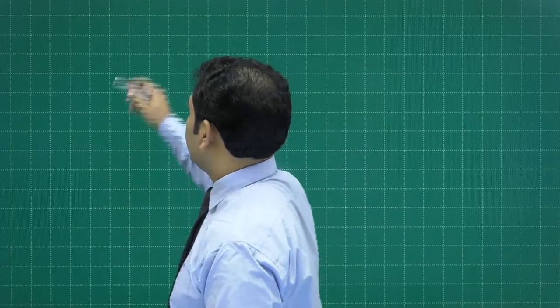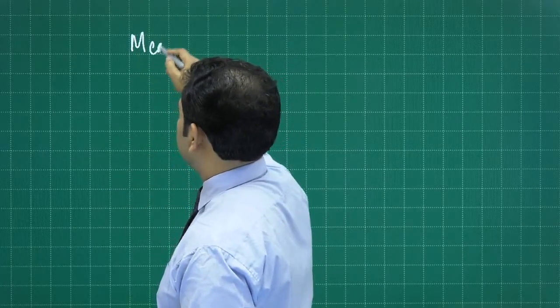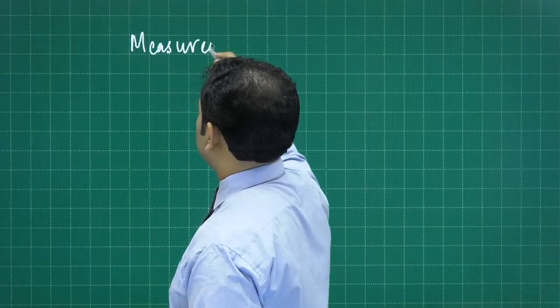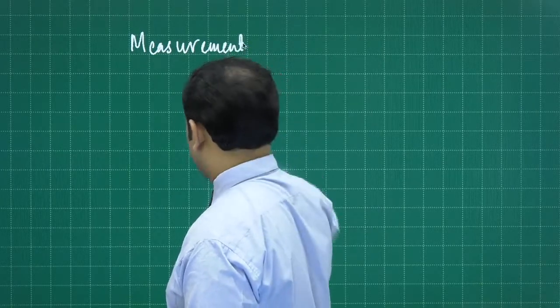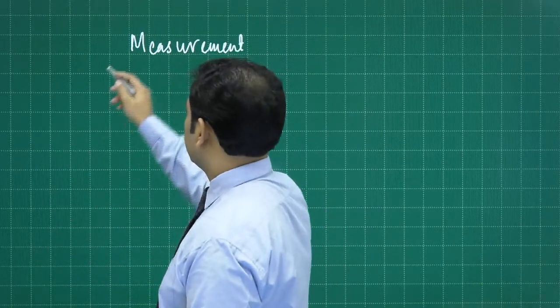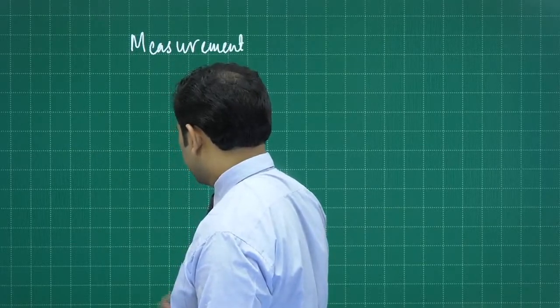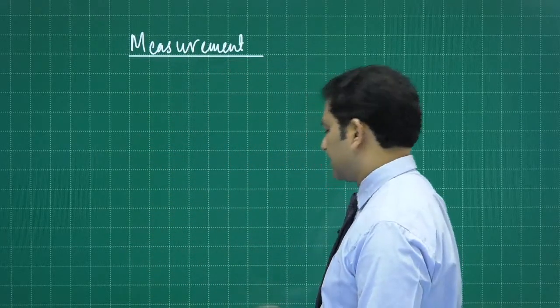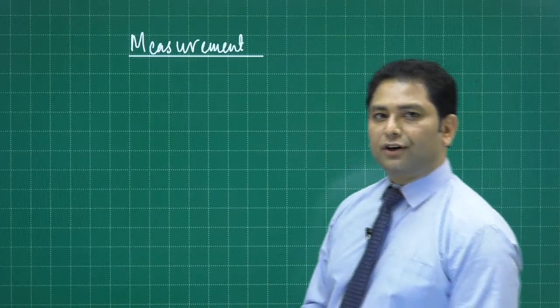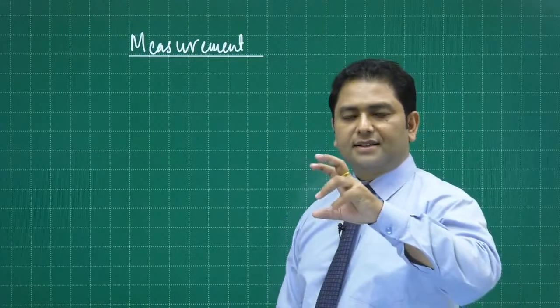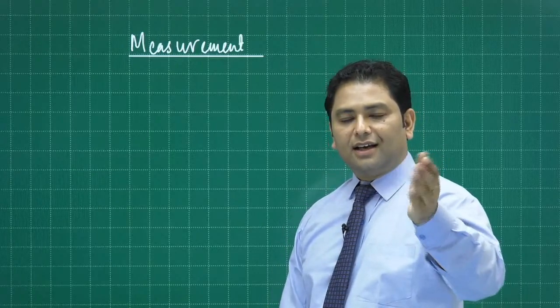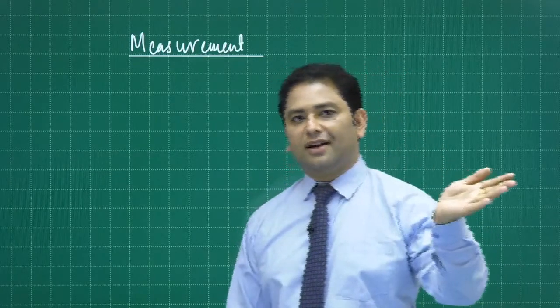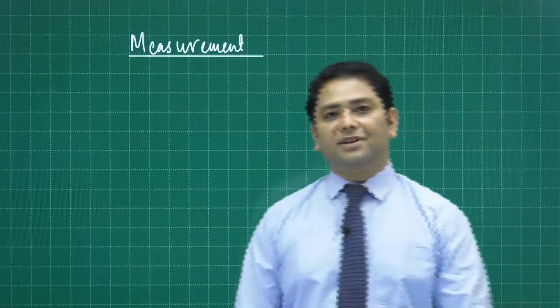The next thing that we talk about is measurement science. In case of measurement science, I have found that students get a bit confused. So let us try to understand the concept related to measurement. First of all, there are two things: one is called accuracy, the other is called precision.